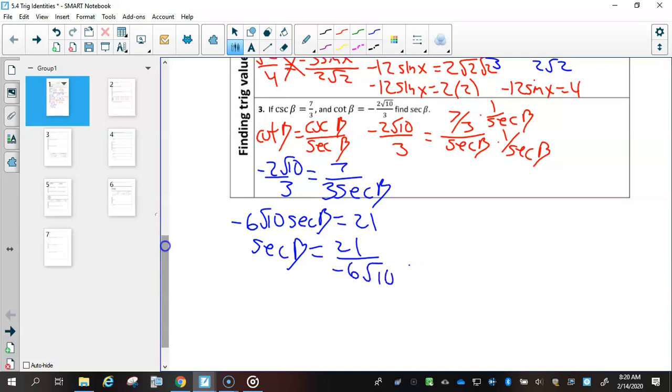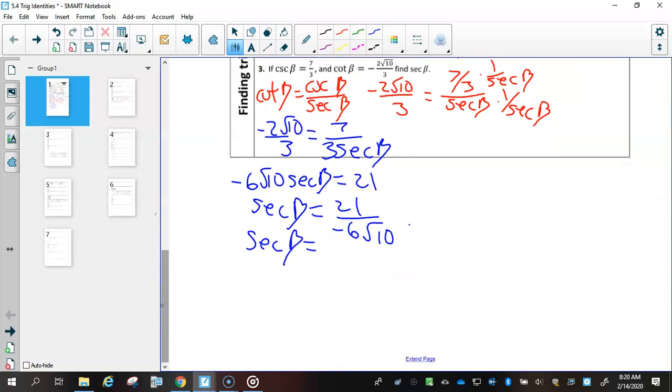So I'm going to write this like this for 1 second, because it needs to be simplified and rationalized. So simplified and then rationalized.